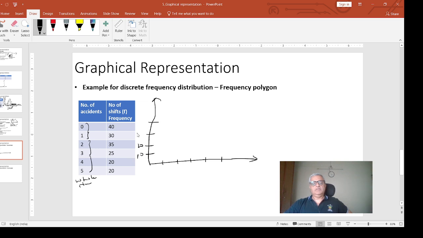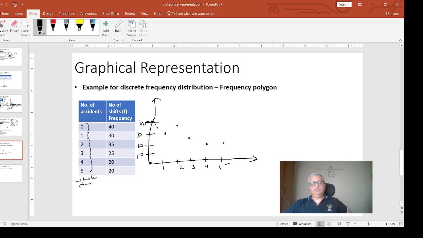So 0 is 40, this is 0. So this is my dot for 0. 1 is 30, it's here. 2 is 35 in between. 3 is 25 here in between. 4 is 20 somewhere here, and 5 is 20 again somewhere here.